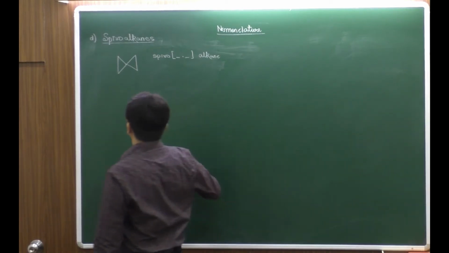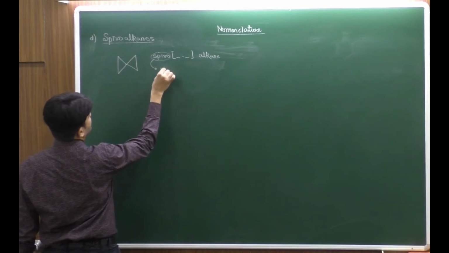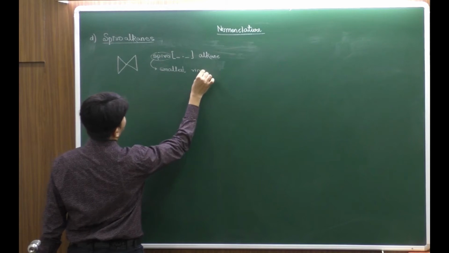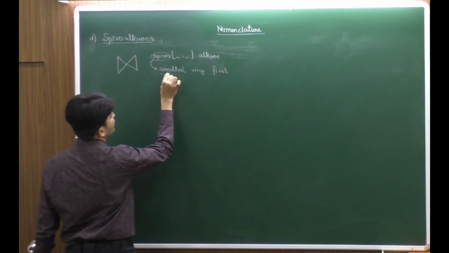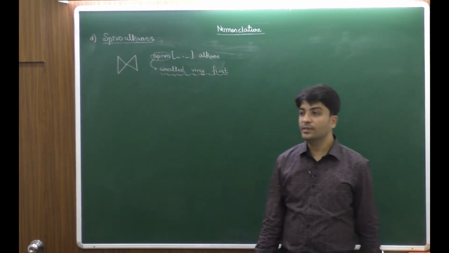And also the spiro numbering is with respect to the smallest ring first. If the rings are of equal size, it doesn't matter, but if the rings are of unequal size, the smallest ring always has to be considered first.